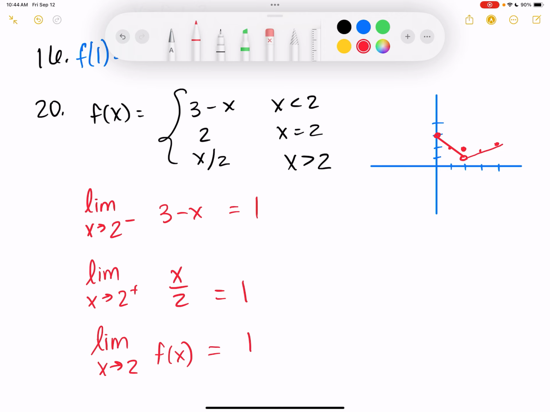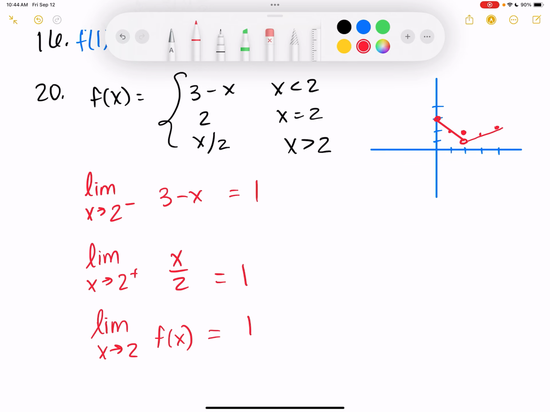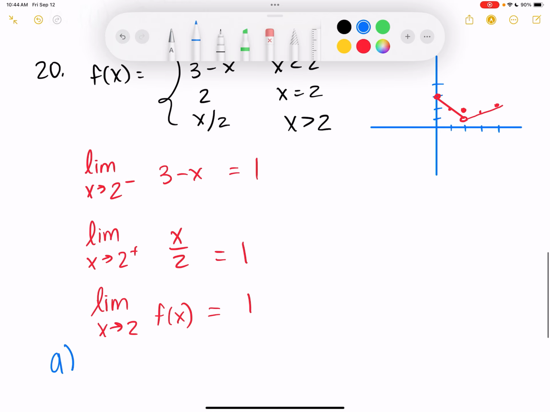So now I can look at finding each point of discontinuity. Well, it's probably pretty obvious here because I've got an open circle and then I have a point there, that I have a point of discontinuity at f of 2 equals 2.